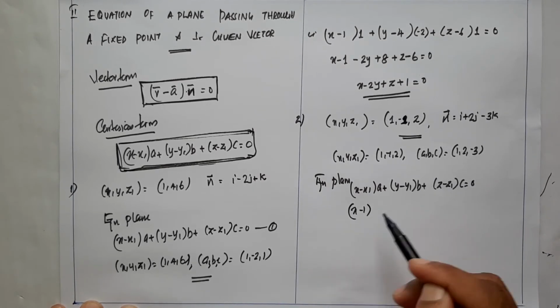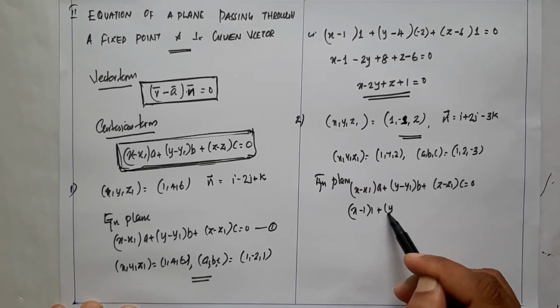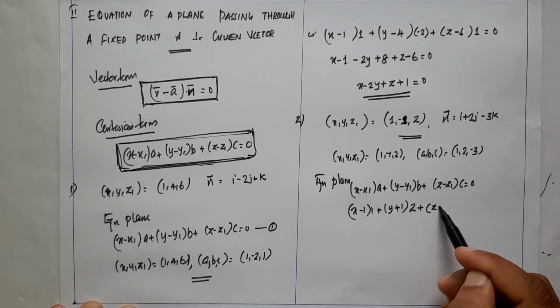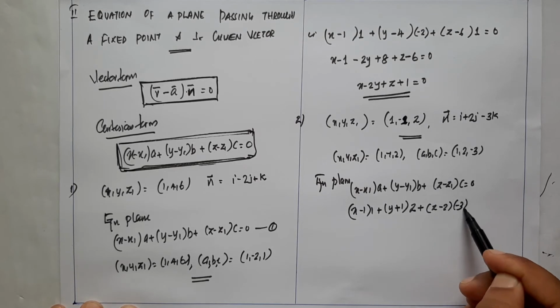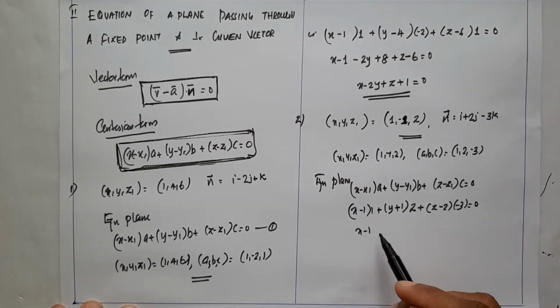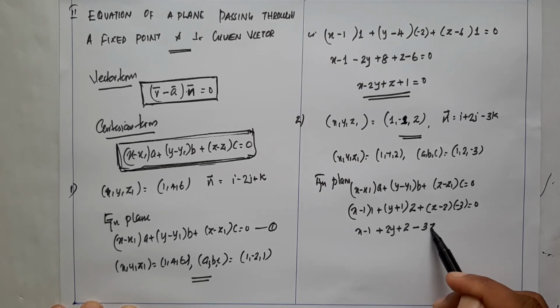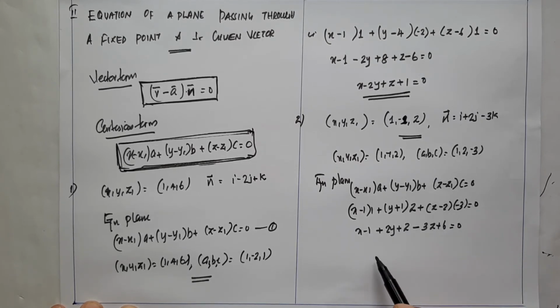It is x minus 1 into 1 plus y plus 1 into 2 plus z minus 2 into minus 3 is equal to 0. That is x minus 1 plus 2y plus 2 minus 3z plus 6 equal to 0. And therefore x plus 2y minus 3z, minus 1 plus 2 is 1, 1 plus 6 is 7, equal to 0, which is the Cartesian equation.